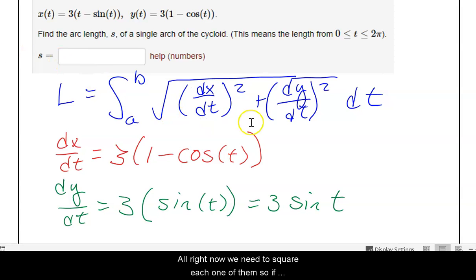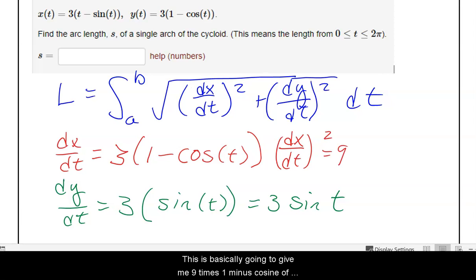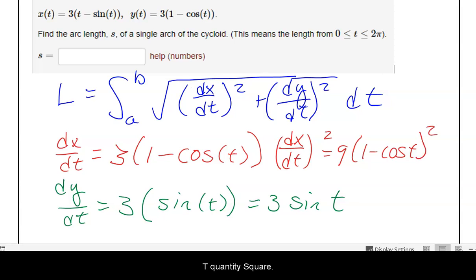All right, now we need to square each one of them. If I'm squaring dx/dt, this is going to give me 9 times 1 minus cosine t quantity squared. Be sure when you square the binomial that you get the outside and inside doubling.